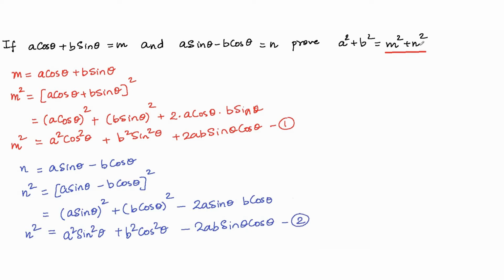So now I need M square plus N square. I believe I have got the individual values of M square and N square. So let me go ahead and add these two expressions.